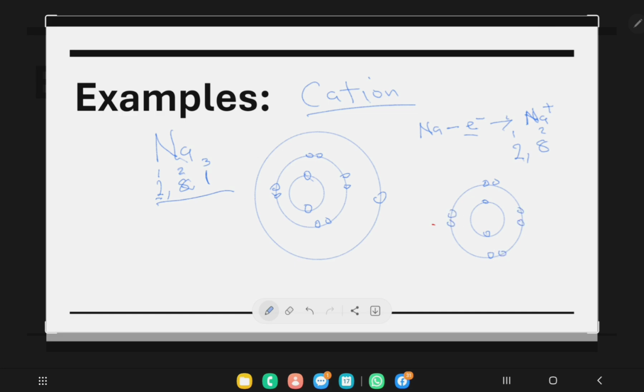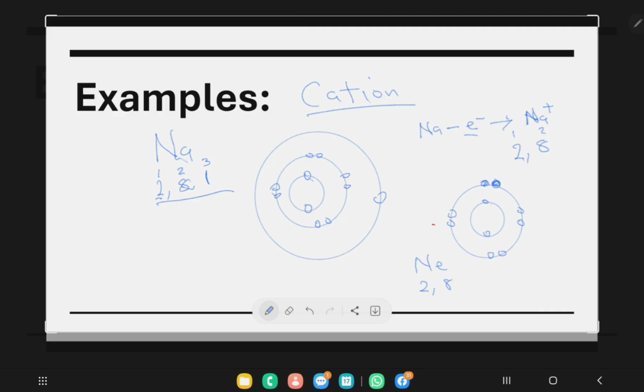So which noble gas is the nearest to sodium? The noble gas nearest to sodium is neon. What is the electronic structure of neon? Neon is Ne, which is 2, 8.